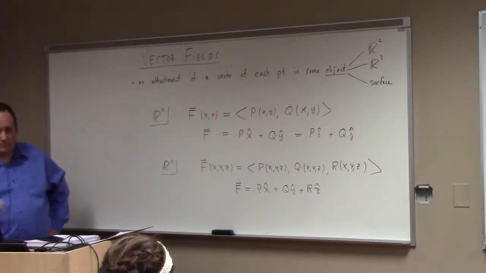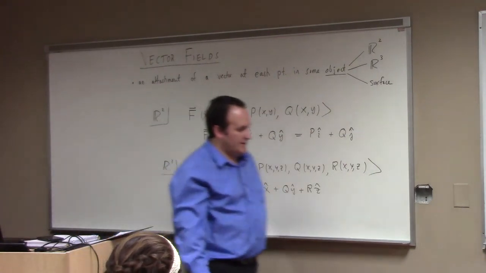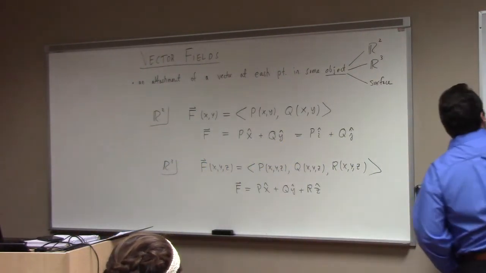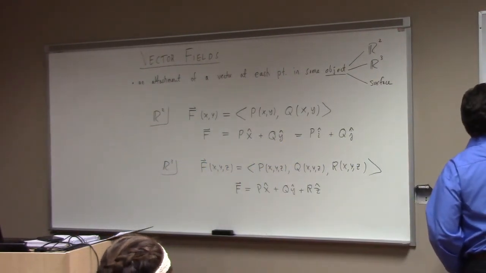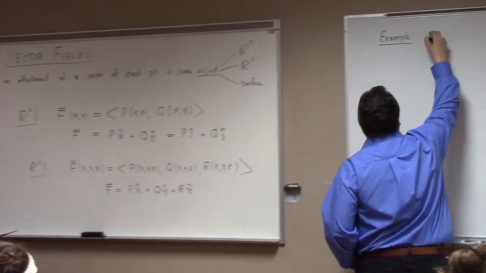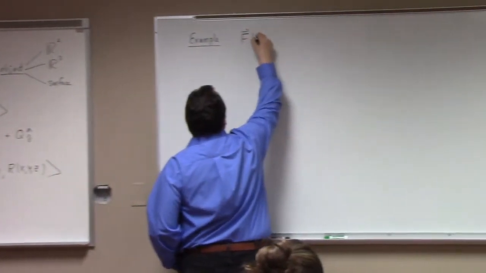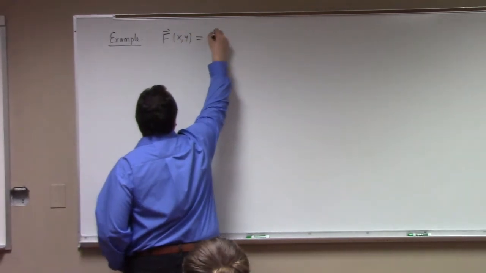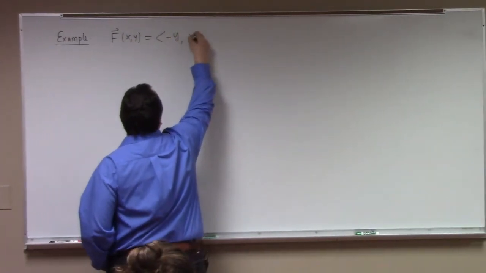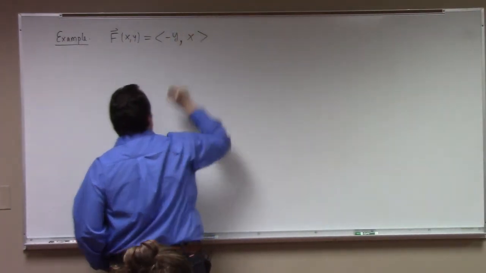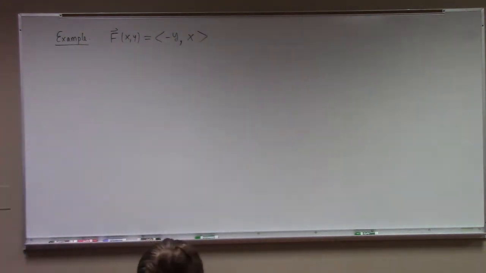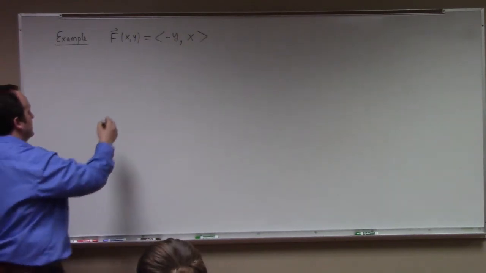Now let me attempt a more in-depth example. We could look at this one, f of x comma y equal to minus y comma x. So this is a kind of important vector field.